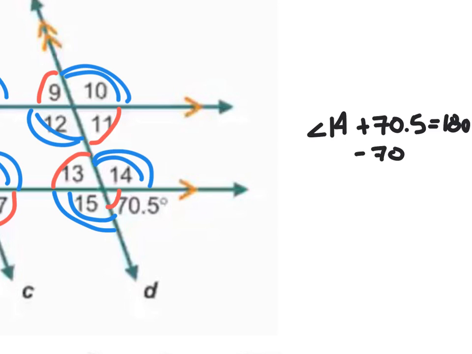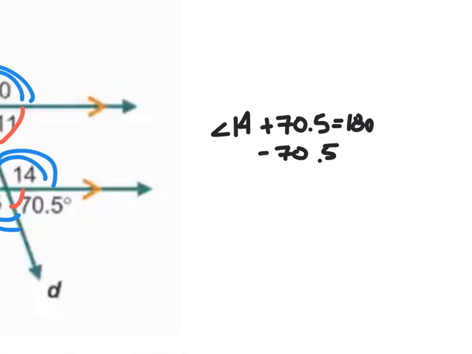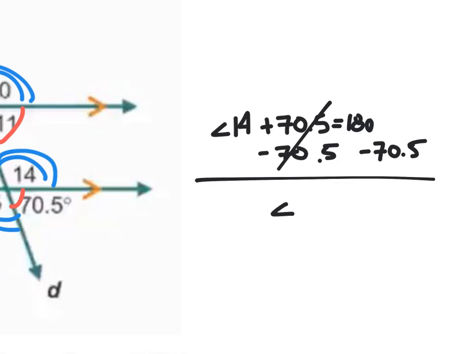If I subtract 70.5 from both sides, that's going to cancel out. So angle 14 is simply going to be 109.5, and that's what angle 14 is.